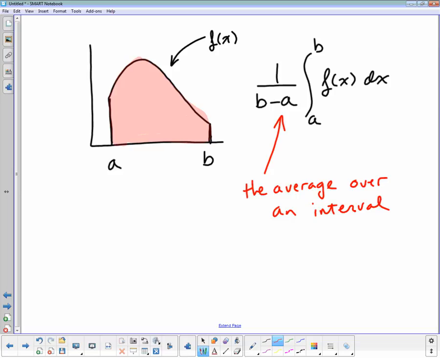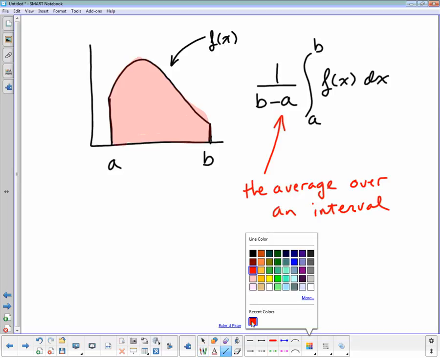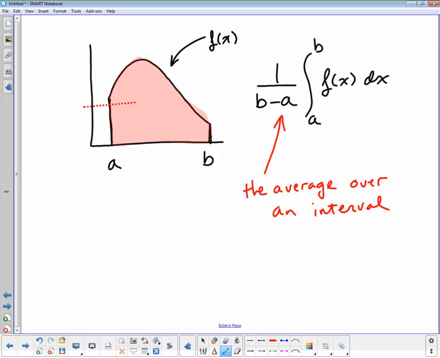Okay. And it basically means that at some particular height, maybe not there, maybe there.